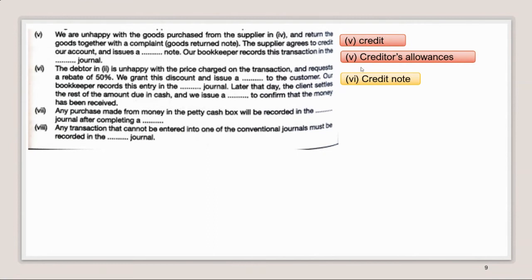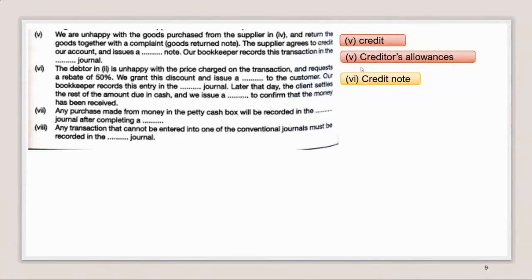So it's a credit note, okay, which shows that we are reducing the balance. A voucher would be if the debtor was declared insolvent and we had to write off the balance. Then it would have been a voucher. Okay. So for this one, it's a credit note, guys.